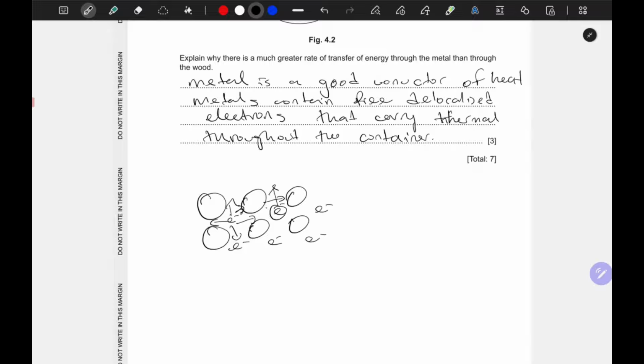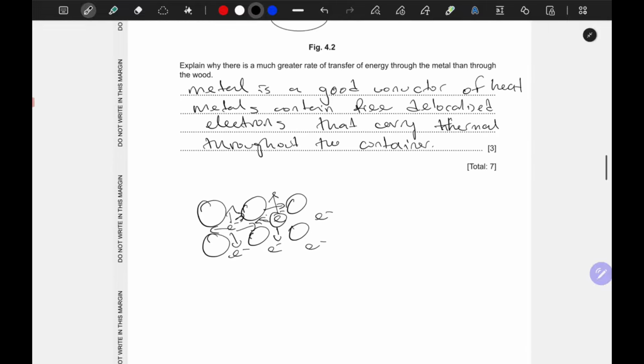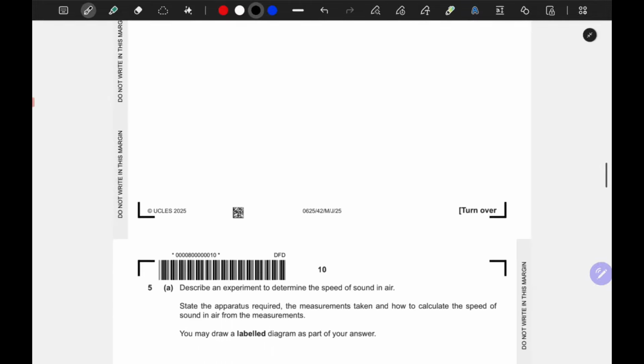This electron is also free to move. So these electrons carry thermal energy and they can move anywhere, so they transfer that thermal energy. But wood does not have those delocalized electrons. That's why it's not a good conductor.